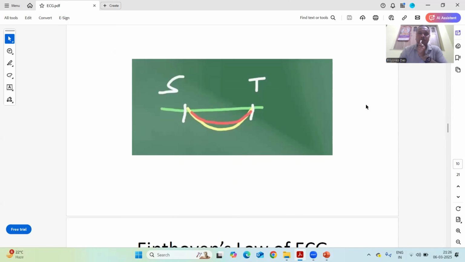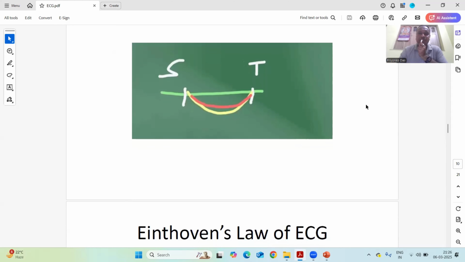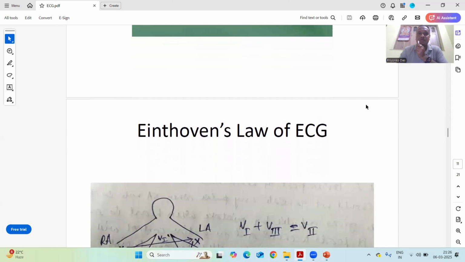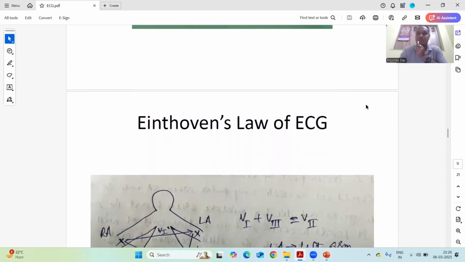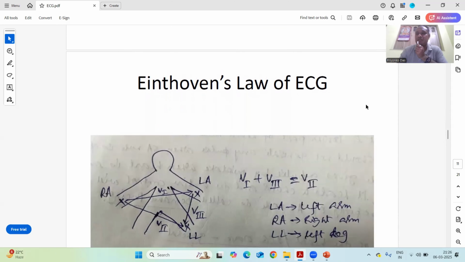So today I'll start the discussion on Einthoven's law of ECG, which is the basis of ECG measurement.